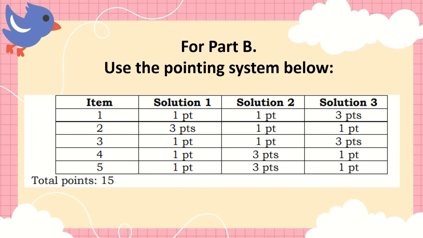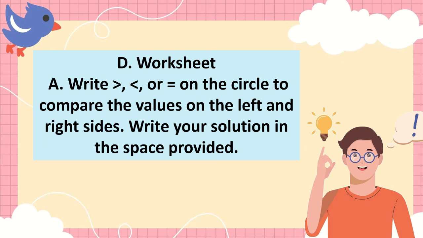For part B, use the pointing system below. We have item, solution 1, solution 2, and solution 3. For the worksheet, write greater than, less than, or equal to on the circle to compare the values on the left and right sides. Write your solution in the space provided.